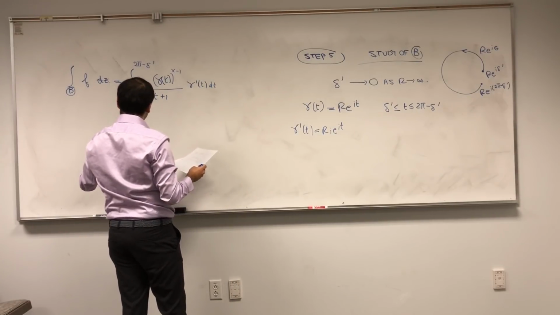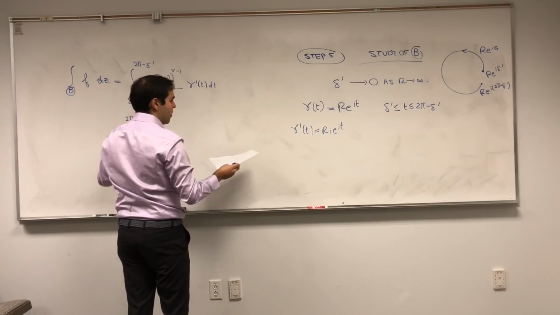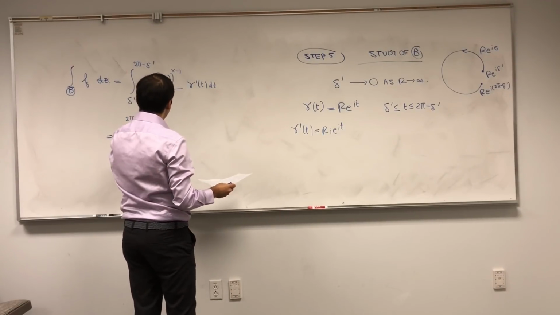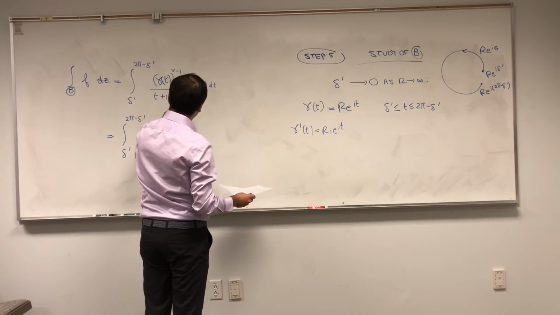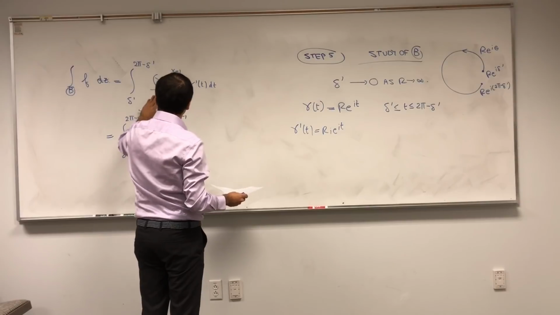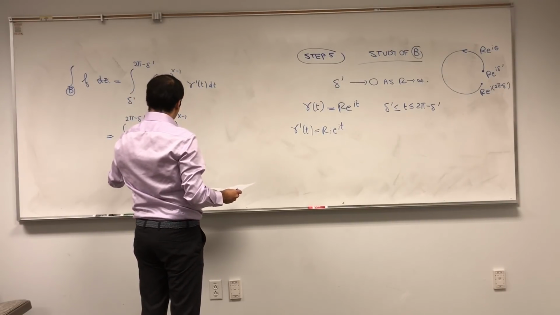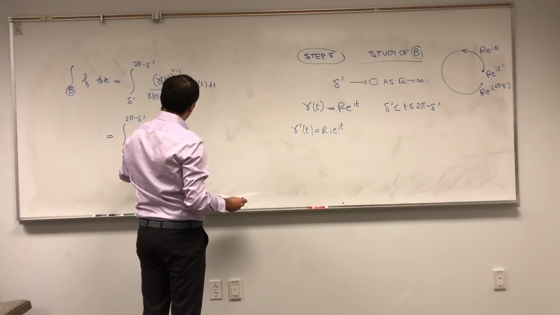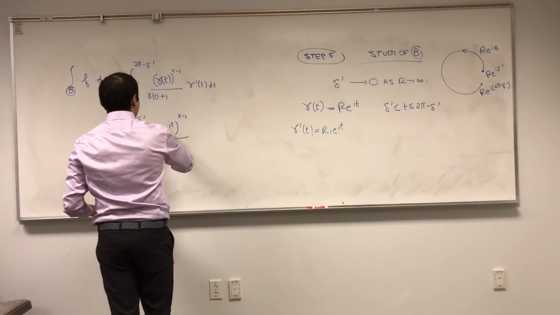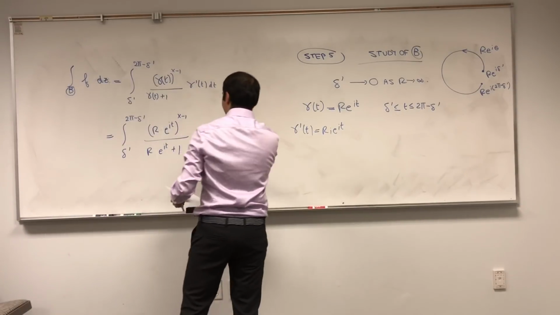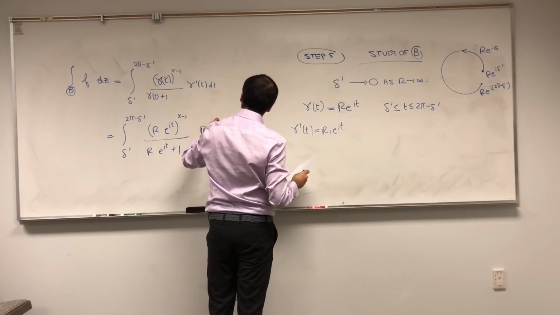That equals the integral from δ' to 2π − δ' of (r e^{it})^{x−1} over r e^{it} + 1, sorry, that's γ(t), so r e^{it}. So just our γ, and then we have r i e^{it} dt.